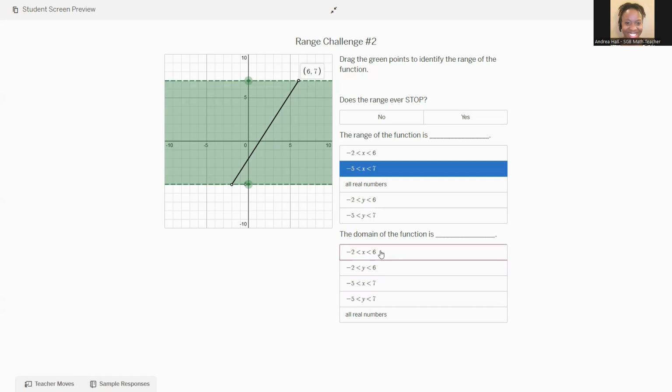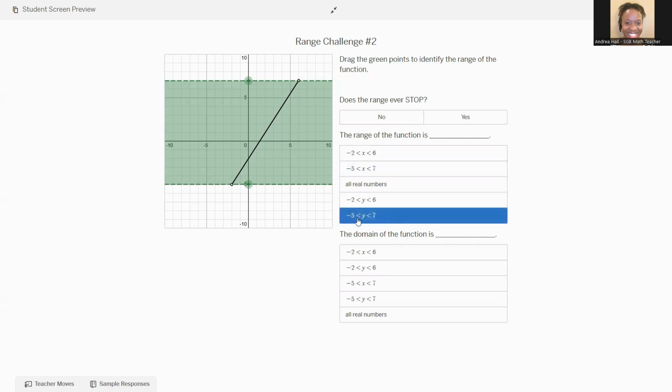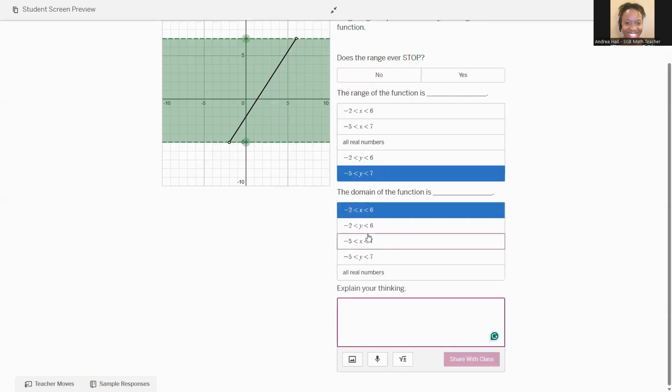Oh, hold on. Range is the y value, so it's negative 5 is less than y is less than 7. That's the range. And then the domain is negative 2 is less than x is less than 6. Okay? So make sure you pay attention to your variables. And that's essentially what we're doing when we're talking about domain and range.